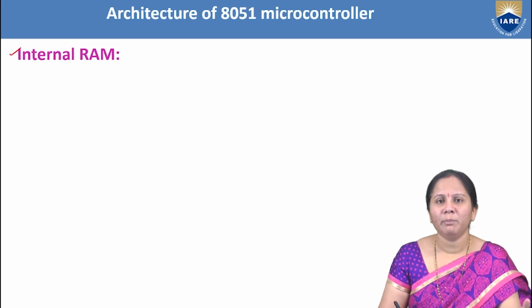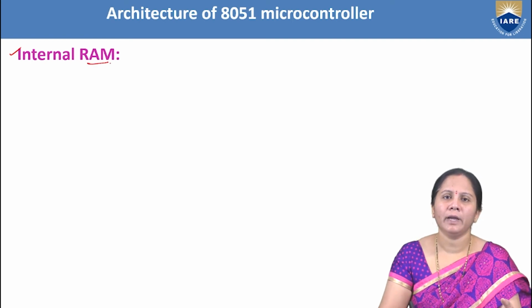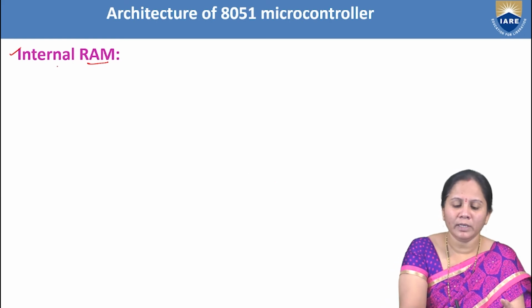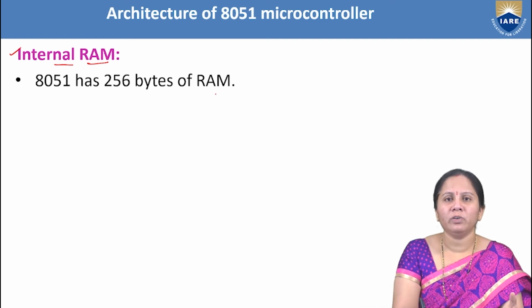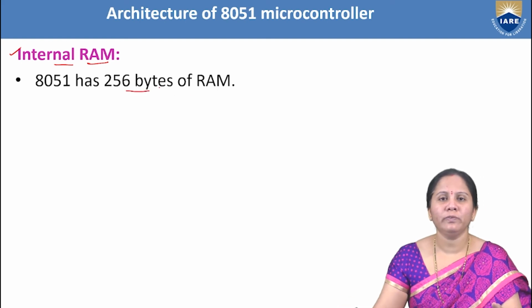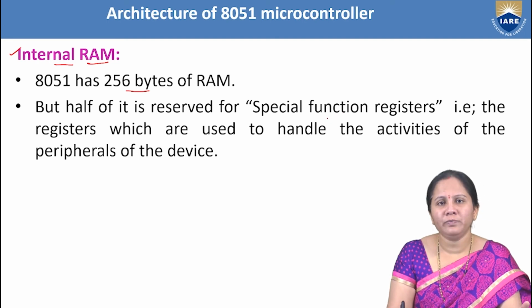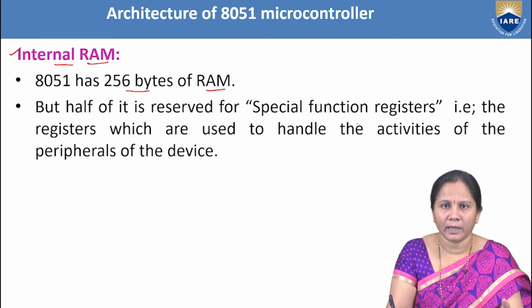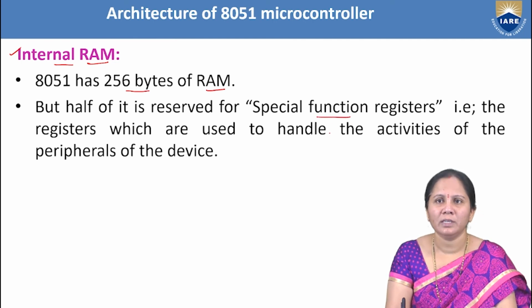After that we have the memory available in the architecture. Here we have RAM and ROM. First, the internal RAM. Internally, the amount of RAM available inside the 8051 microcontroller is about 256 bytes. Among these 256 bytes, half of it is reserved for SFRs, which are called special function registers.